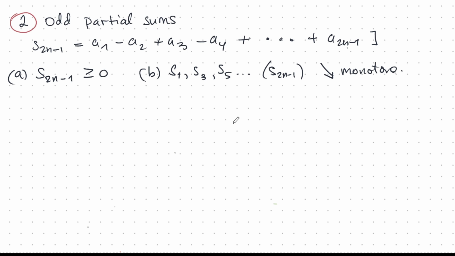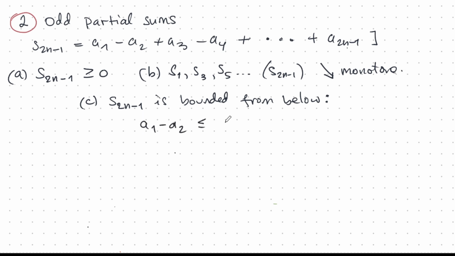The evens were increasing, but the odds are decreasing. And finally, the third property is that they are bounded from below by A1 minus A2. That's a very interesting symmetry with the evens.